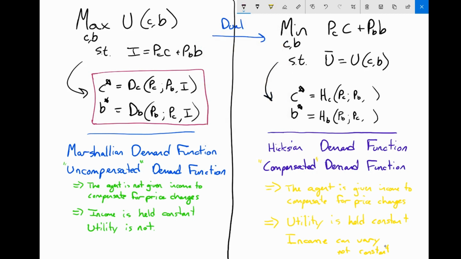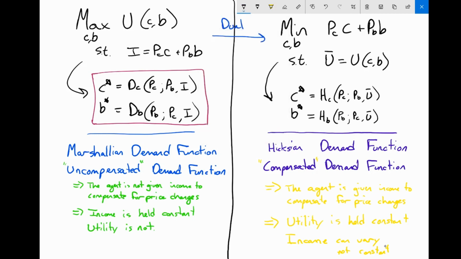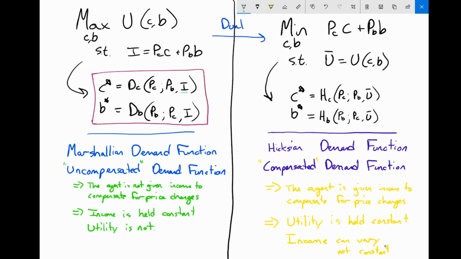That'll actually help me to illustrate this. Sorry for those following along. This is an important distinction. Okay? The uncompensated demand functions take income as a parameter. That means it's fixed. Income is fixed.